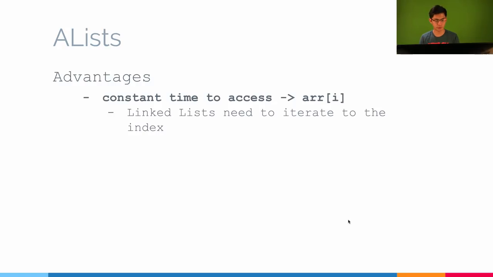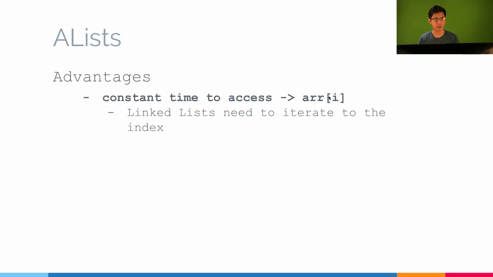The advantage of an AList is that because we're using an array as our internal data structure, we always have constant time access to whatever element we want. And this is just because of that syntax specified right here.